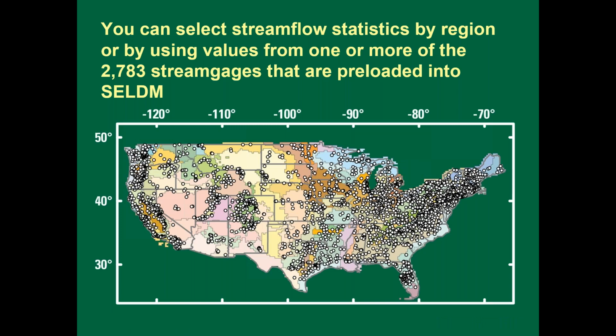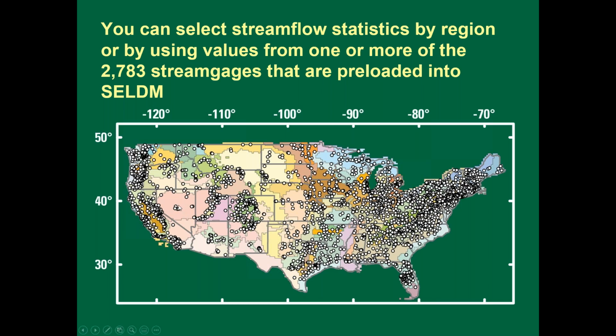Like precipitation, you can select streamflow statistics by region or by using values from one or more of the 2,783 stream gauges that are preloaded into SELDM. If I go to this area in Nevada, we don't use rain zones for stream flow because that doesn't quite make sense.